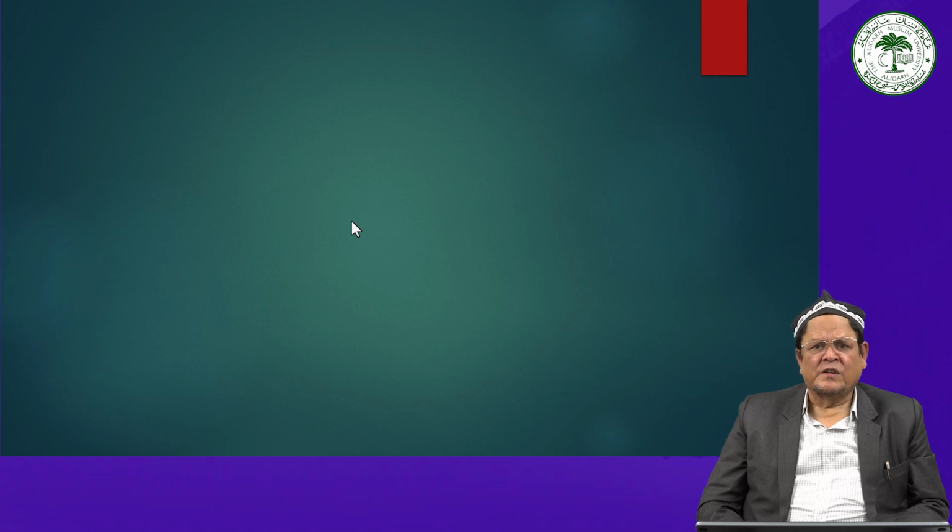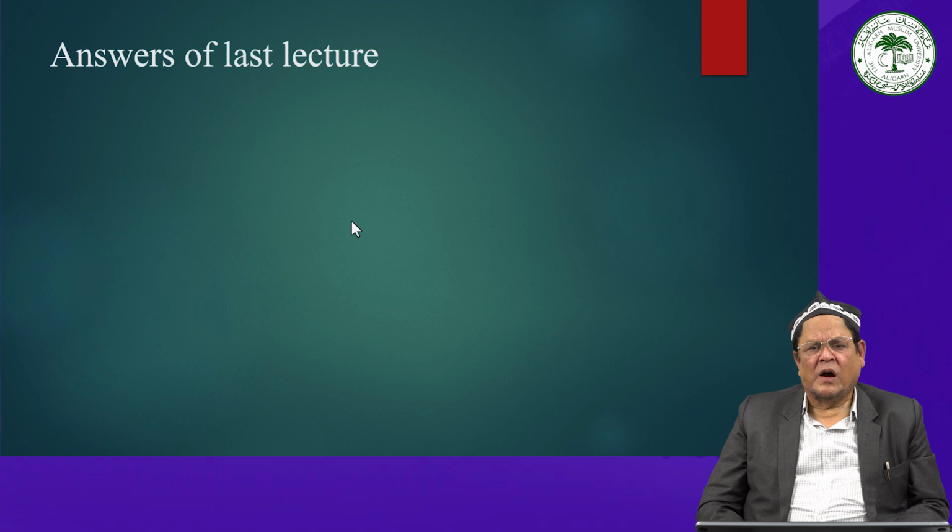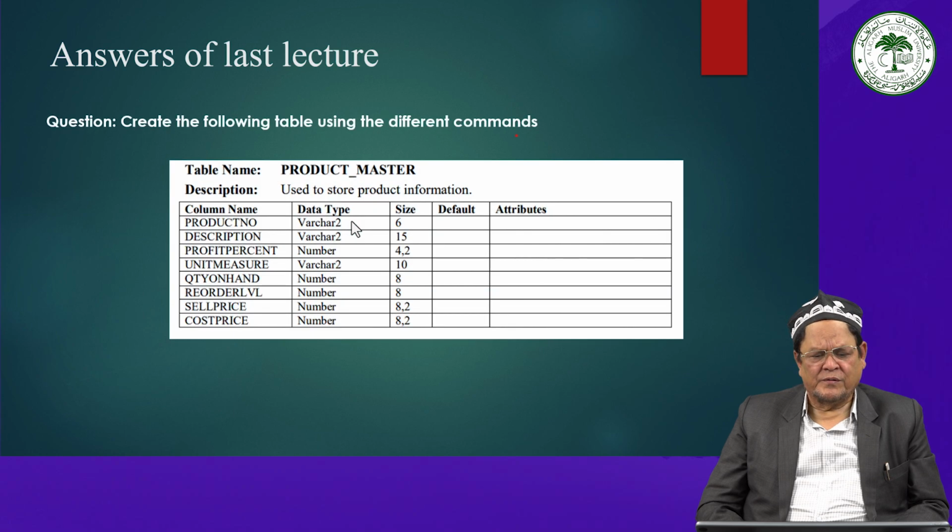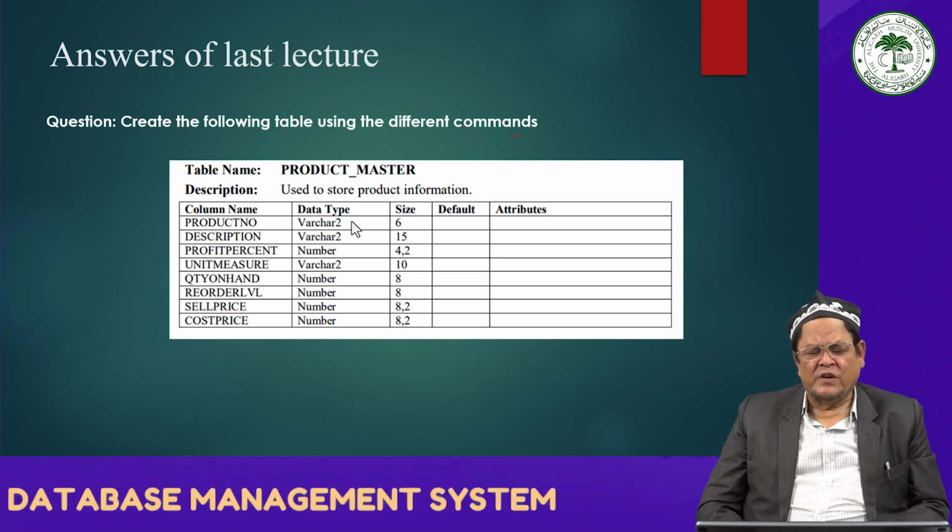Before discussing today's agenda, I would like to answer the question which I asked in the previous lecture. The question was to create the following table using the different commands. You have to create a table named product master.